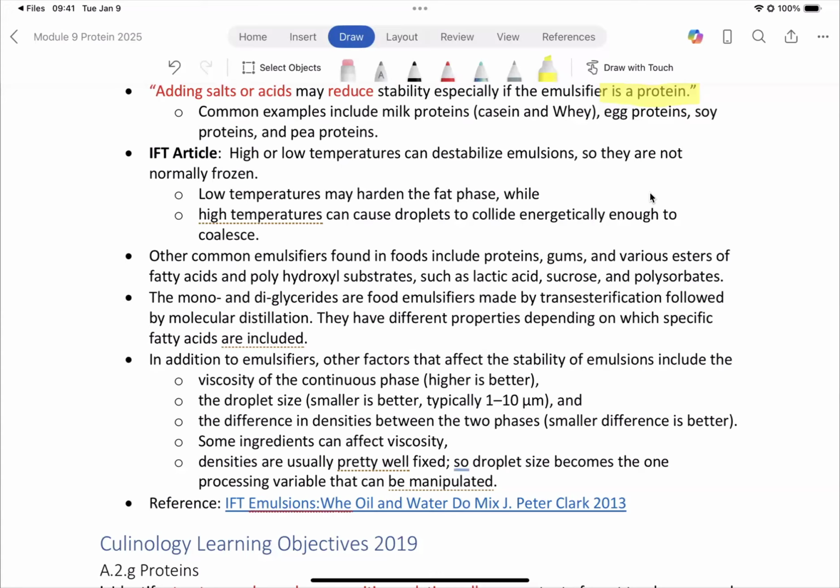So temperature changing in your product, if it gets too cold or too hot, is going to affect the emulsion of the mayonnaise, right? So that might be one of the things that happens. Common emulsifiers work really well.